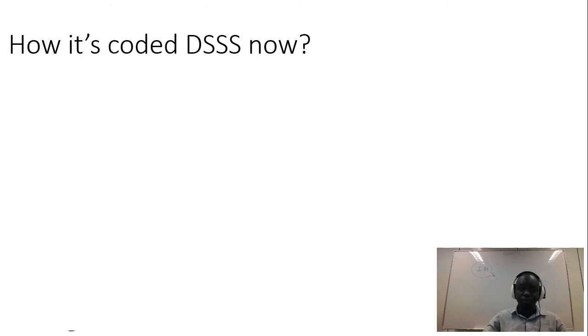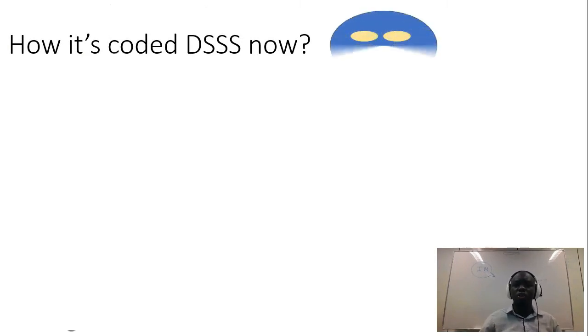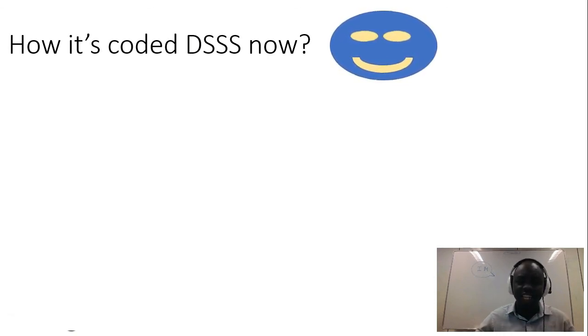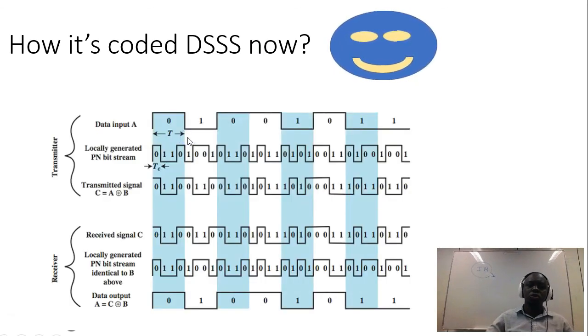Then you send that modulated signal, which is bigger than the original signal, to the receiver. Basically this is coded based on polar non-return to zero encoding. You use the exclusive OR to add up the original signal with the assigned code.